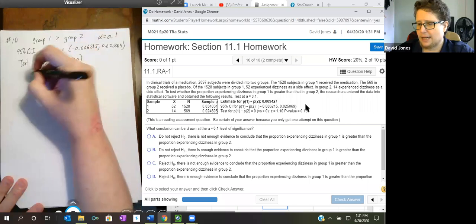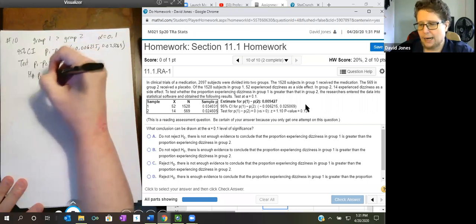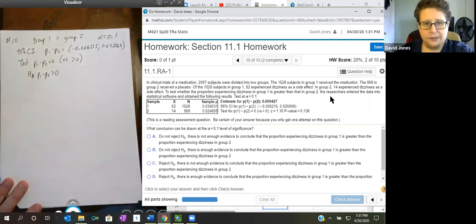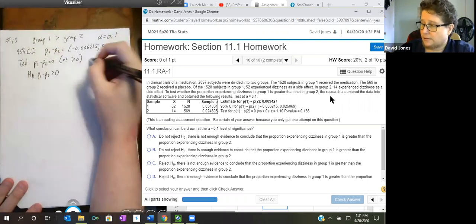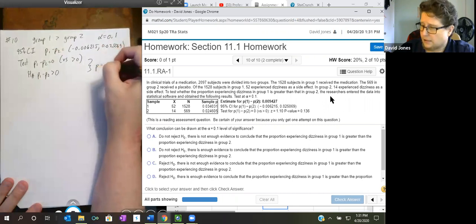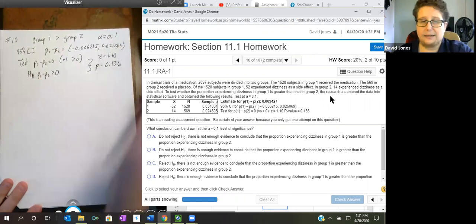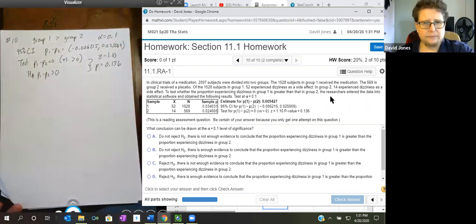What that means is HA is P1 minus P2 is greater than 0. They got the p-value to be 0.136, and the z-stat was 1.110. What conclusion can be drawn?